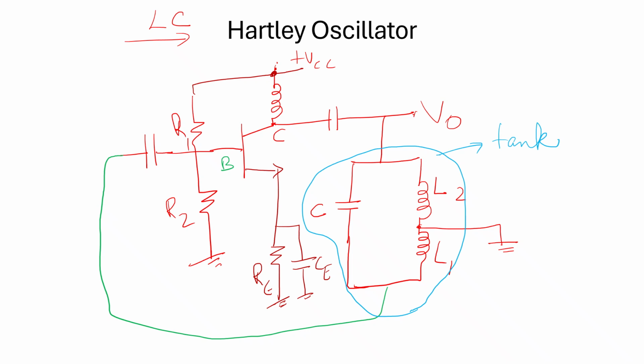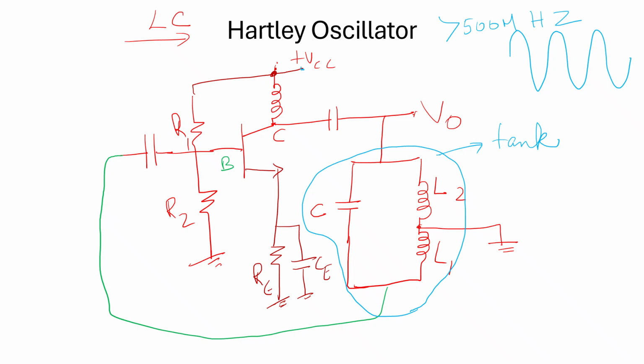So as soon as plus VCC supply is given, the biasing of the transistor happens, and with the presence of components with suitable values of ratings, the circuit is capable of generating a sinusoidal wave whose frequency will be greater than 500 megahertz.